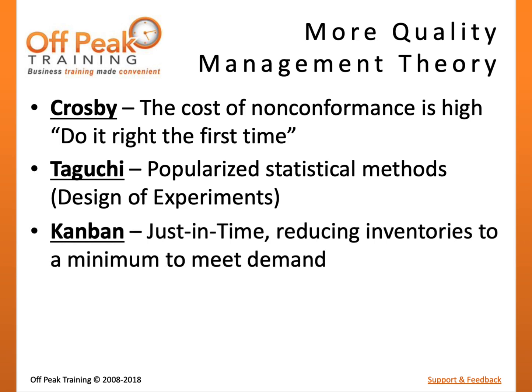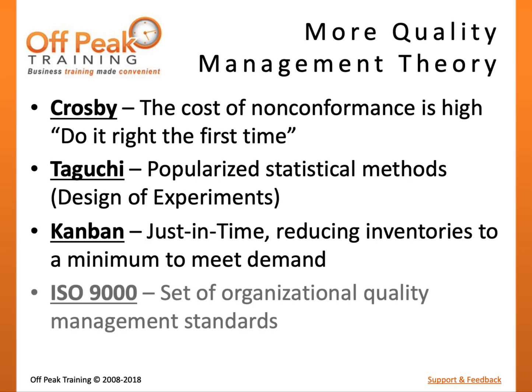Kanban is a manufacturing scheduling system that implements just-in-time management. While this system has many applications in the manufacturing world, its contribution to quality management is the idea of reducing inventories to a minimum, only enough to meet demand. This prevents the risk of wasting money on scrap and making the process more versatile to incremental improvements.